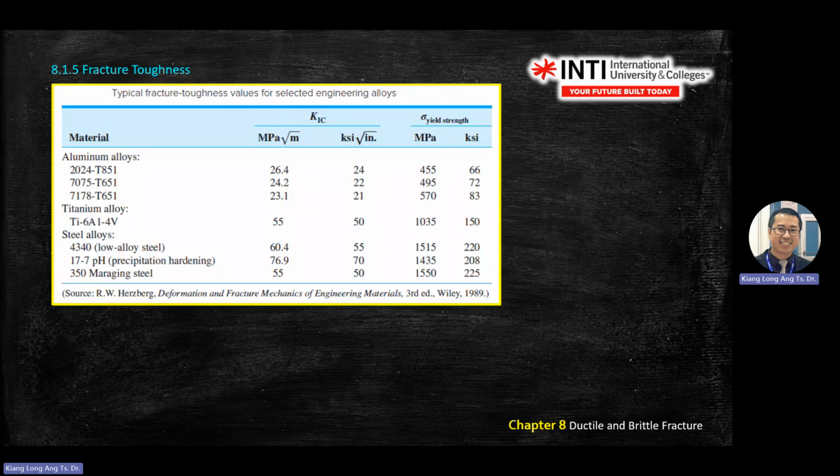So you see, this will be the standard table you see in the assessment, test 2 or final exam. You see the KIC is in megapascal square root meter, and yield strength is given. So you can calculate what A will be if you're given a certain material. Okay, Y again, if the question doesn't give you the Y value, it's actually a bonus mark.